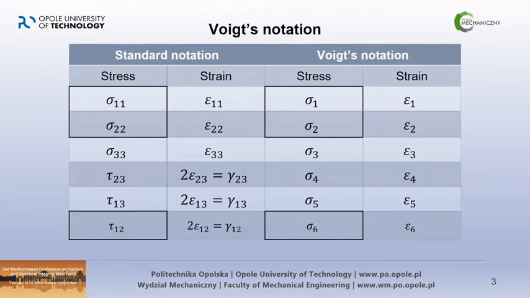For composite materials we usually use the Voigt notation, which is why we thought that it would be useful to show this table where you can see which stress in the standard notation is which stress in Voigt's notation. As we are going to talk just about stress and just in plane stress state, just these three bolded data are most important.